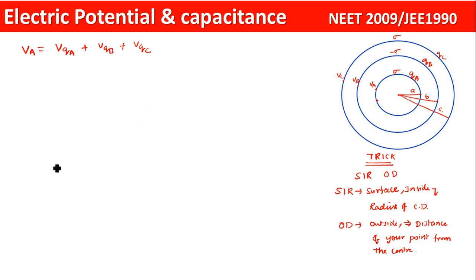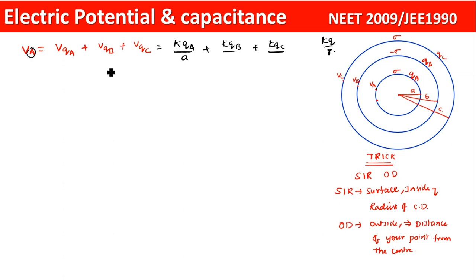Here V due to QA plus V due to QB plus V due to QC is KQA by something plus KQB by something plus KQC by something. The numerator is K times the charge, generally KQ by R, and the only confusion is the denominator. For QA, your point A is on the surface, so you take the radius of the charge distribution, which is A: KQA by A. Next KQB.